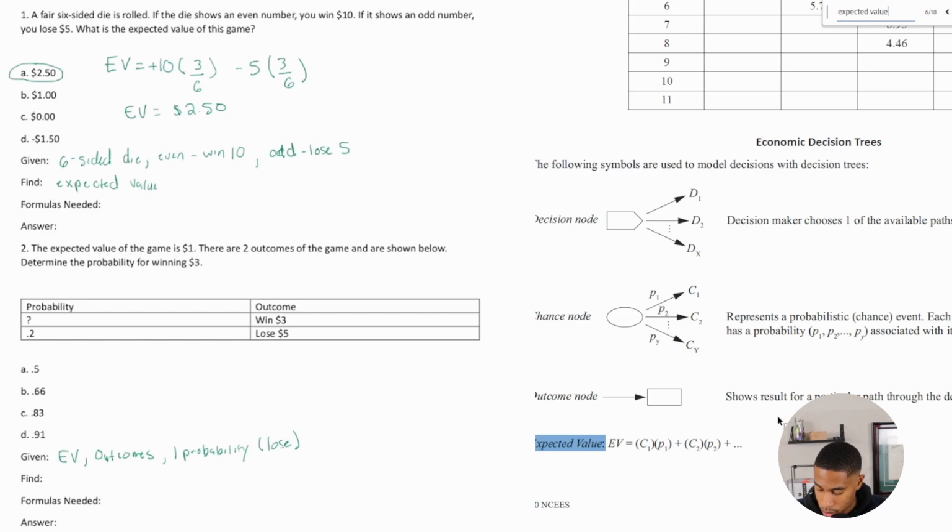Okay, so any other information? No. All right, what are we trying to find? We're trying to find the probability of winning.